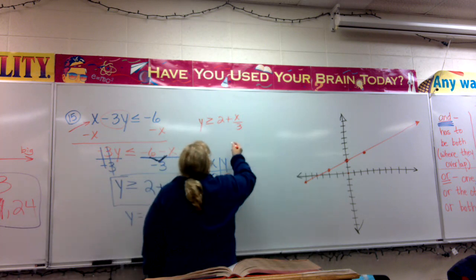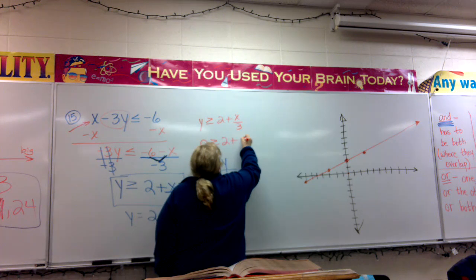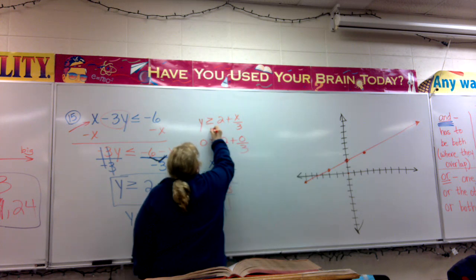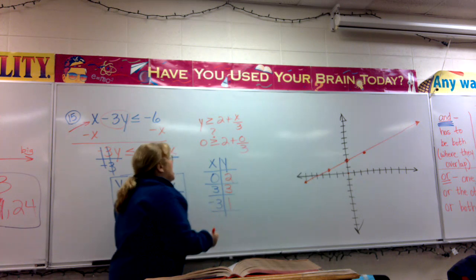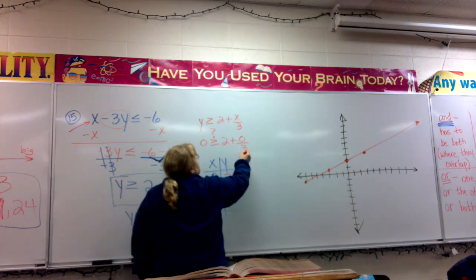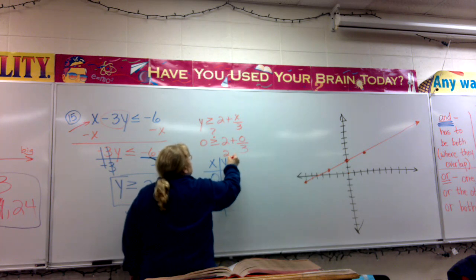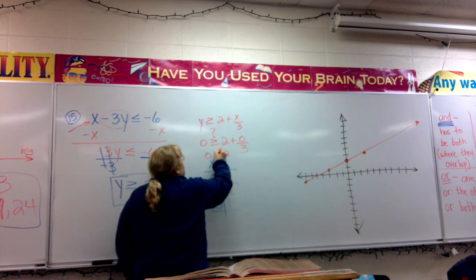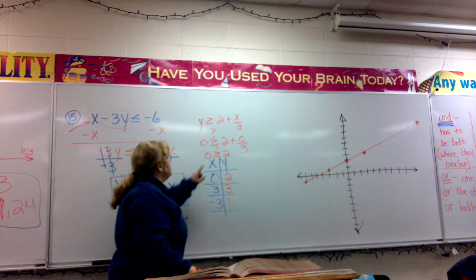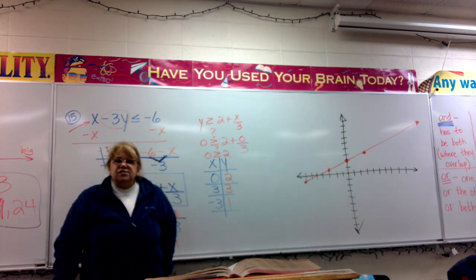X is 0, Y is 0. And we want to know now, is that correct? What is 0 over 3? 0. 2 plus 0? 2. Is 0 greater than 2? No. So it doesn't work.